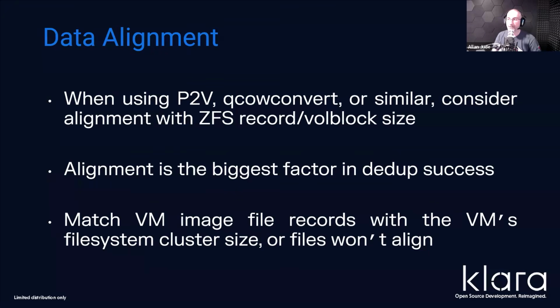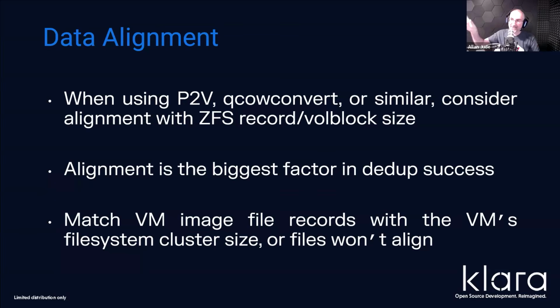But in order for dedupe to work properly, you need to have data alignment. That means the same file in two different VMs needs to start on a sector boundary, not somewhere in the middle. So when you're doing your physical to virtual conversion, or just using qemu-img convert to convert an existing image, when you're converting it to RAW, as we recommended at the beginning of this video, you want to make sure that everything lines up on the ZFS record size or volblocksize boundary.